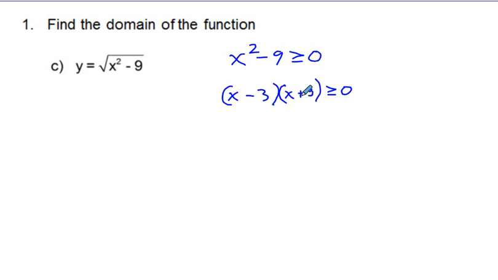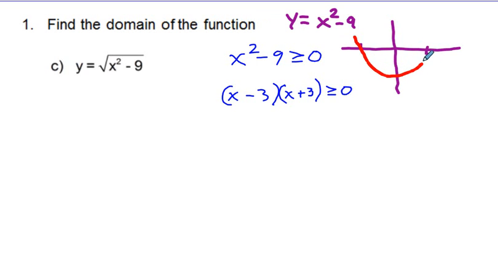But we have a combination of things here to consider. We can, as I did earlier, consider this graphically. If we consider x squared minus 9 as a function, y equals x squared minus 9, we would graph it by looking at the x-intercepts and drawing the parabola representing this.